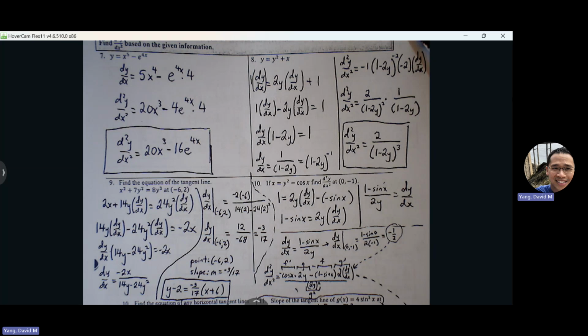Okay, number 9, find the equation of the tangent line. So you know there's implicit involved, but once you get to dy/dx, you can plug in the ordered pair to get your slope.